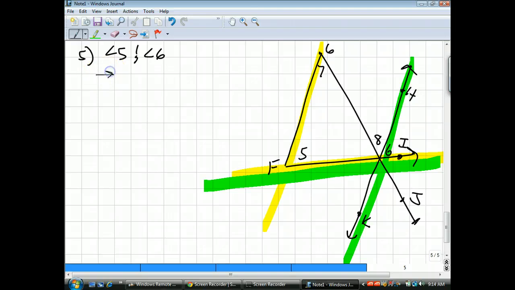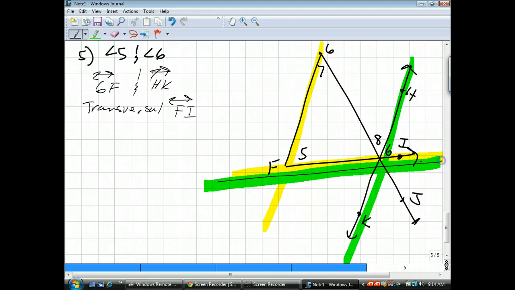So the two lines would be GF and HK, and the transversal would be line FI. Okay, because that's the one that they both share, right?